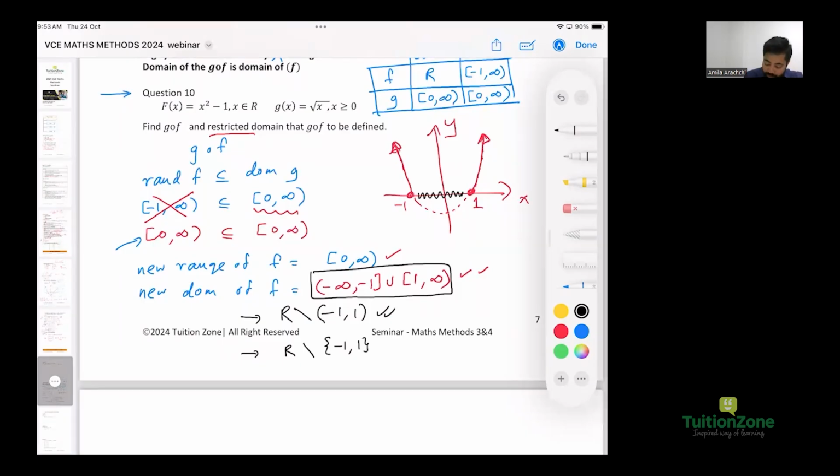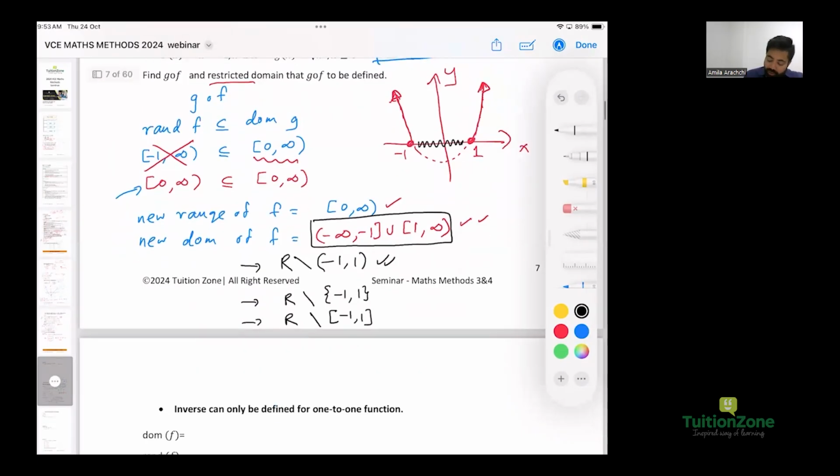And also sometimes some students like to write this way. What does that mean? You exclude all the numbers within -1 to 1, and also you exclude the -1 and the 1. But we need them, isn't it? We can't exclude them. So this is correct if your graph is this. Is that clear? Because we don't need the -1 and the 1 for our answer.